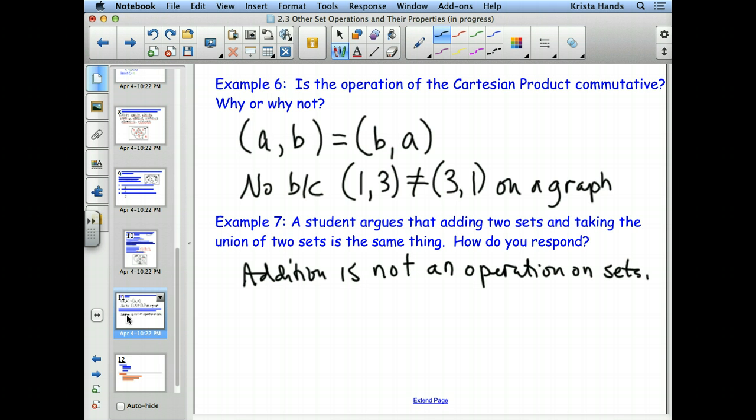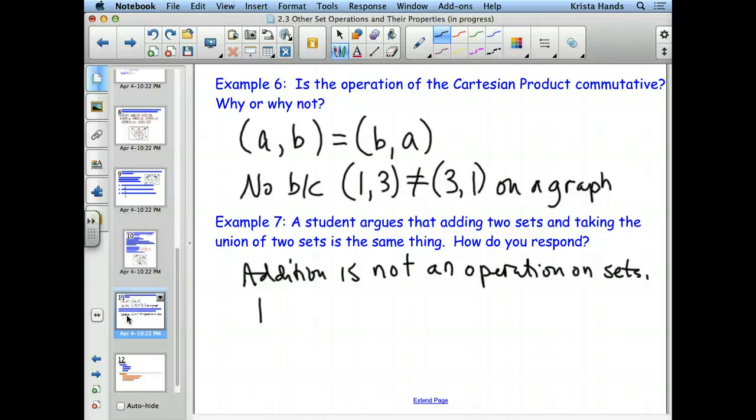It's simply not one of our operations. We can add cardinal numbers, which is what Trina was referring to, but we don't have the addition of two sets. Like, what is A plus B? Well, we don't have A plus B. We have A union B and we have A intersection B. We've got some complements thrown in there, but the only way we join A and B is either with unions or intersections. Okay?